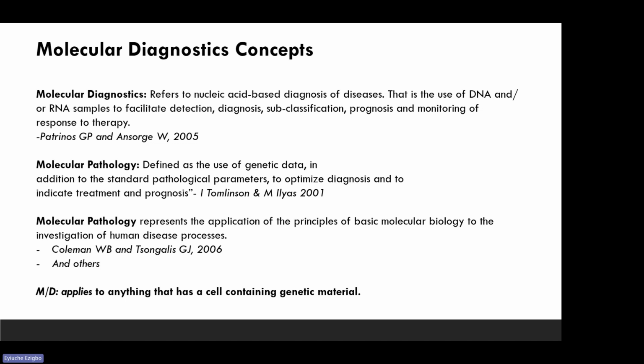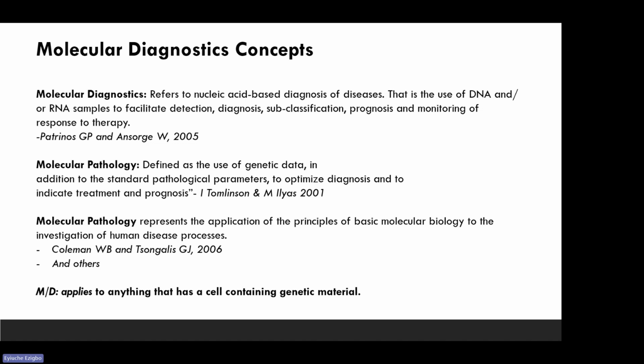So it refers to nucleic acid-based diagnosis of disease, that is the use of DNA and/or RNA samples to facilitate detection, diagnosis, subclassification, prognosis, and monitoring of response to therapy. That is how Patterson described it.